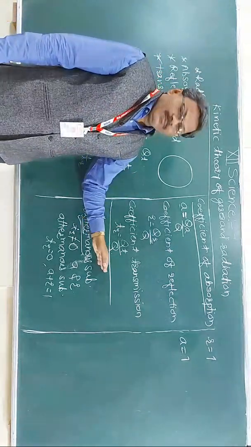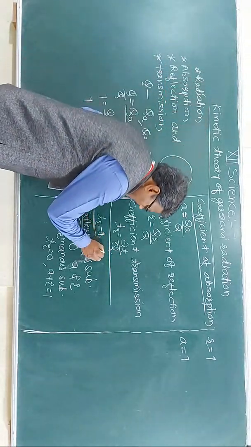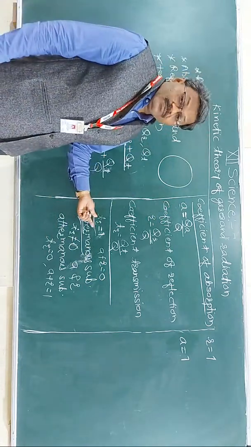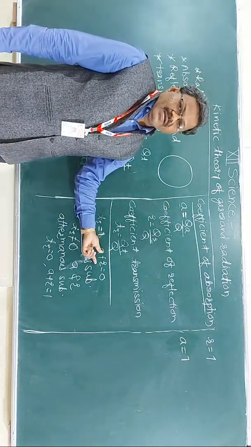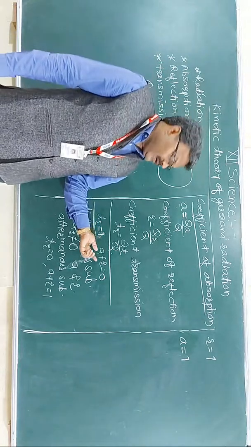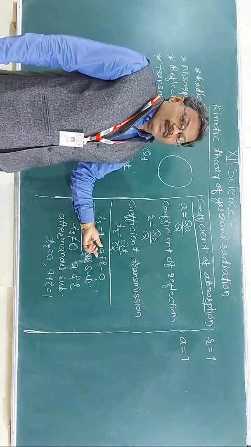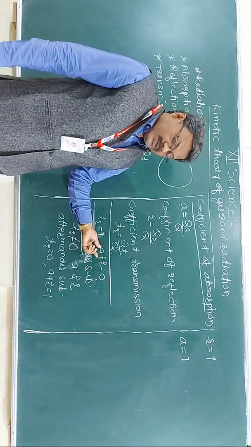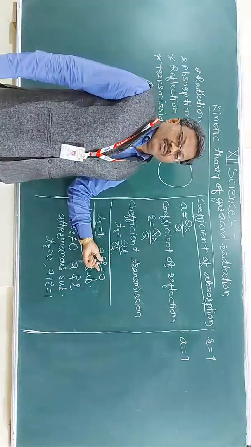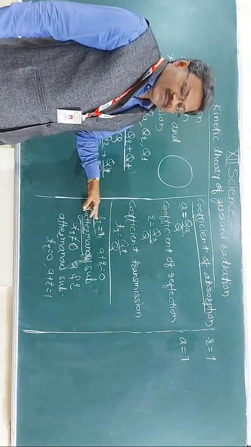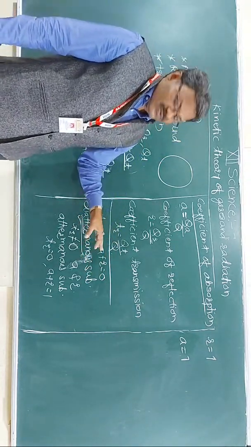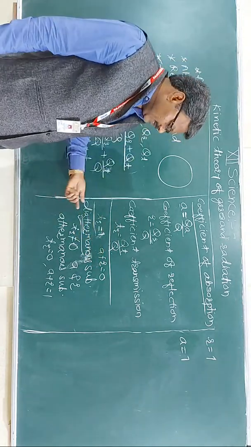In this case A plus R is equal to 0. It means that it is neither a good absorber nor a good reflector. When reflection is maximum, the body does not absorb or transmit energy.